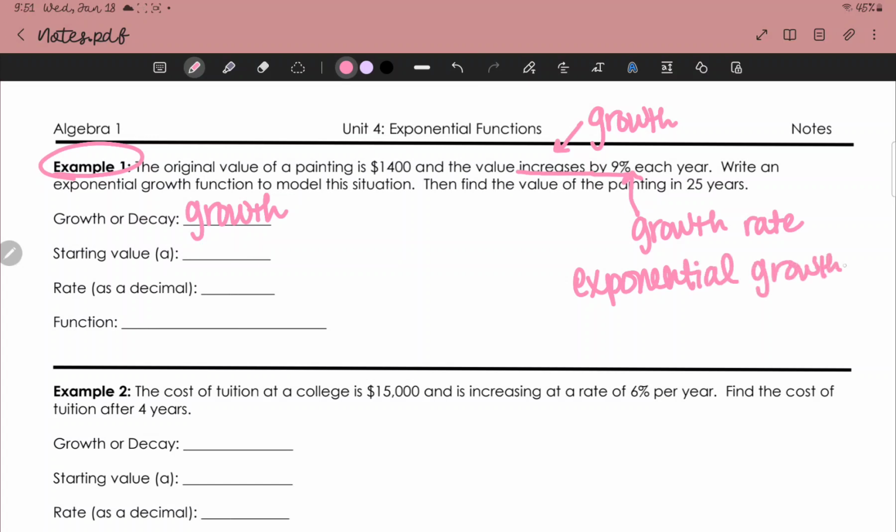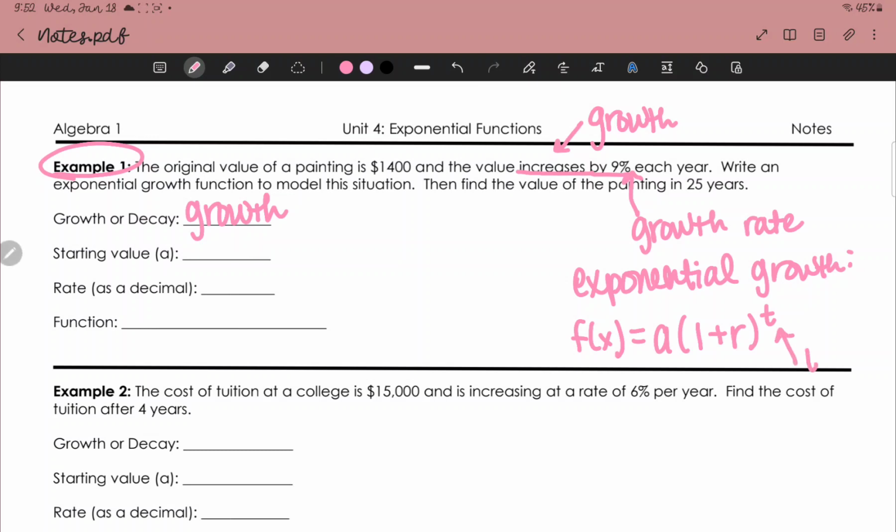The exponential growth formula is y equals, oh, they want a function. I'll make it a function then, so instead of using y, I'll just use f of x. f of x is going to equal a times 1 plus r to the t, where t is time, r is rate, and a is the initial value.